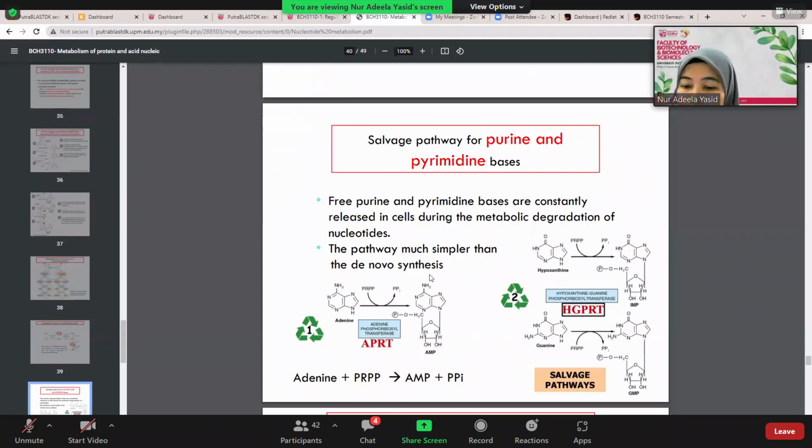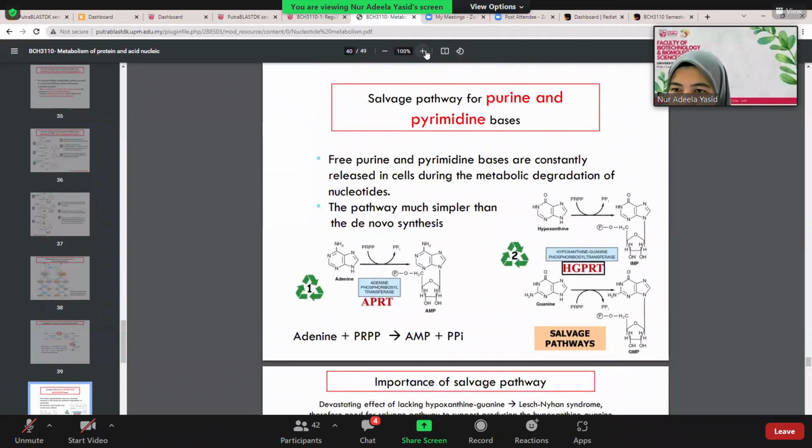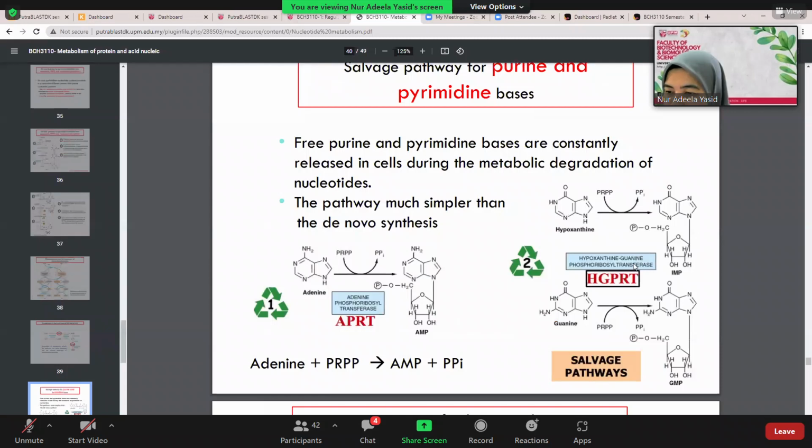Simple kan? Daripada de novo synthesis nak produce AMP ada 11 steps. Then another enzyme which is HGPRT, hypoxanthine guanine phosphoribosyltransferase.